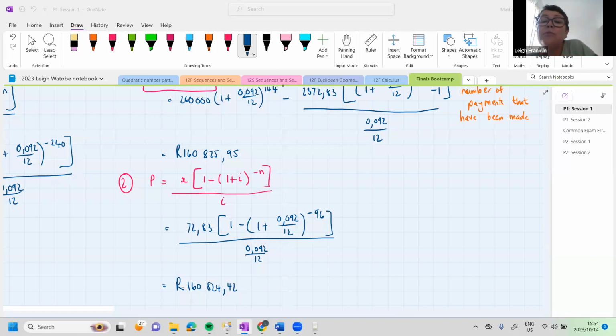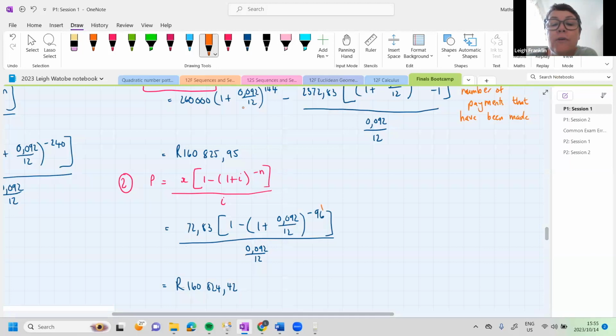Absolutely, Siseko. Good, Cheslin, correct answer. Yes, Siseko, both methods will be on the marking memorandum. Okay, but I know the first method, like I said to you in the beginning, is a bit more cumbersome. You will always be able to do the first method. You may not be able to do the second method if you don't know how many payments are still outstanding.